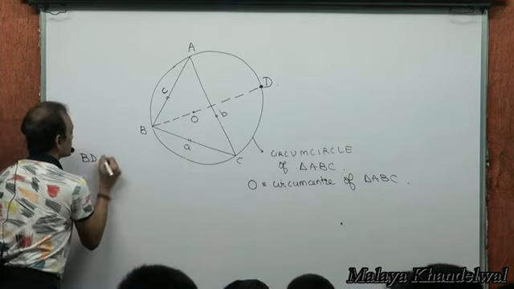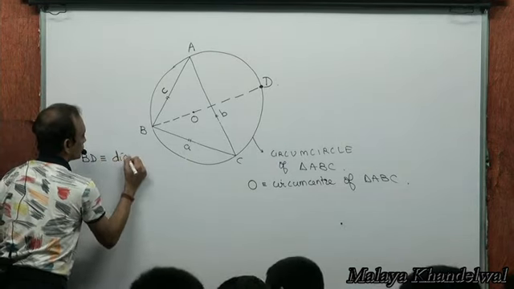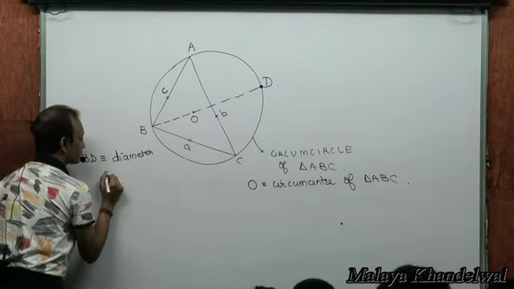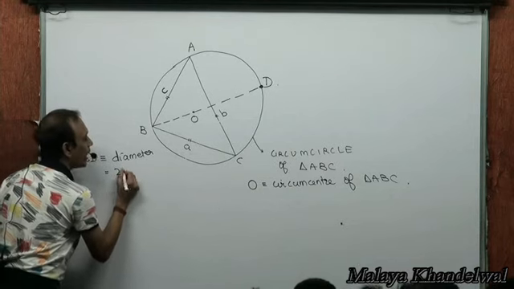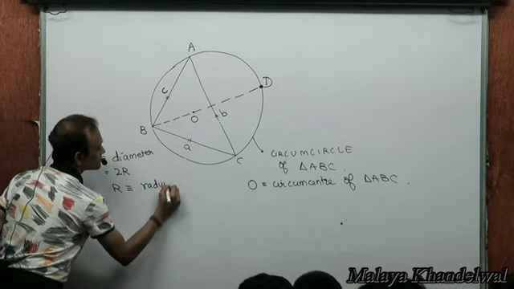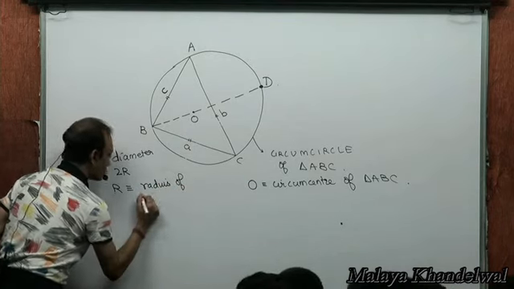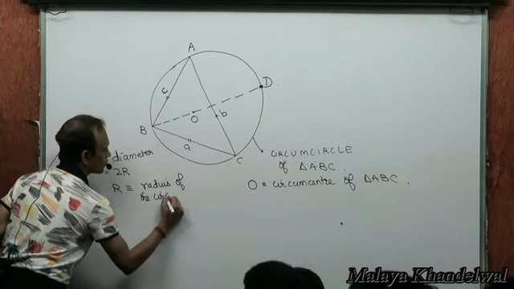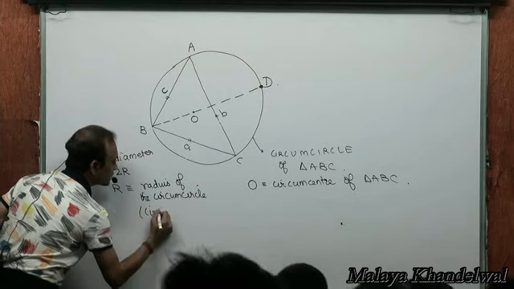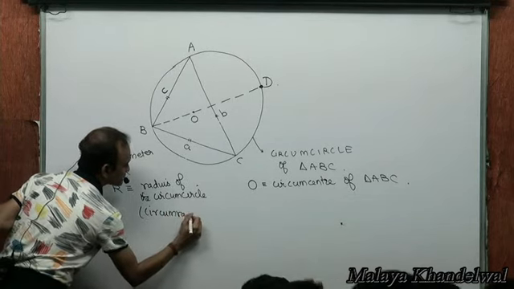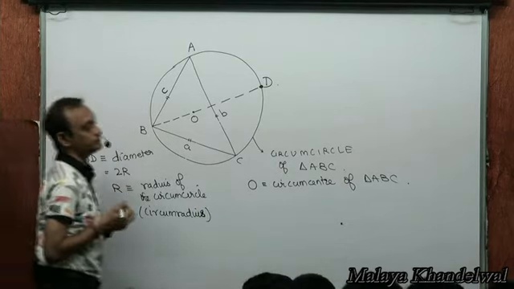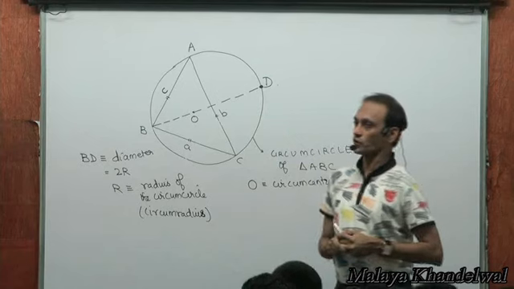BD is the diameter of the circle, and is called 2R, where R is the radius of the circumcircle, often referred to as circumradius. Right?